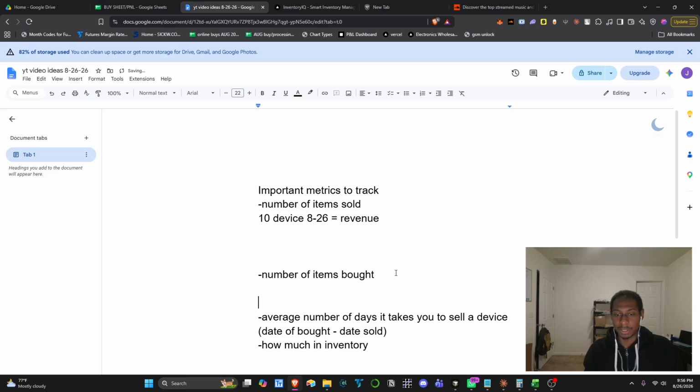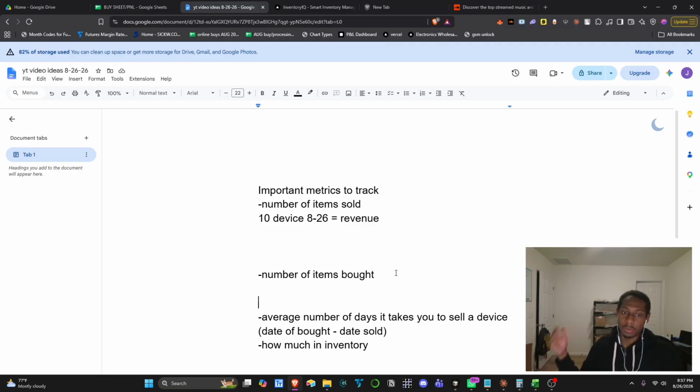Also, number of devices bought is important to track as well. Let's say you want to go for a specific revenue number. Let's say you're trying to get 100K a month in revenue. You know you need to sell a specific amount of devices in order to get that revenue.